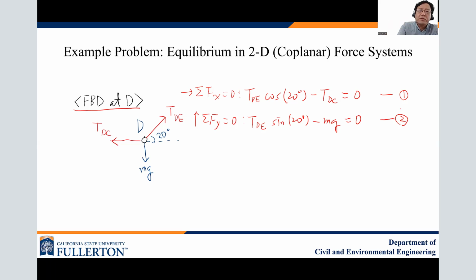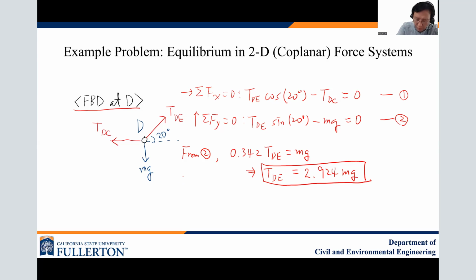So from equation 2, we can say that 0.342 TDE equals mg. So from this, TDE equals 2.924 mg. That is the answer for TDE.